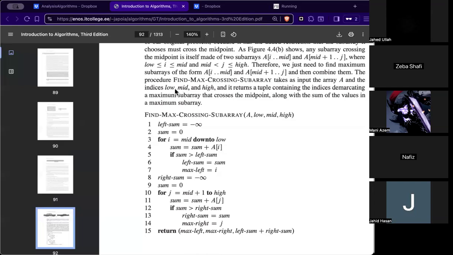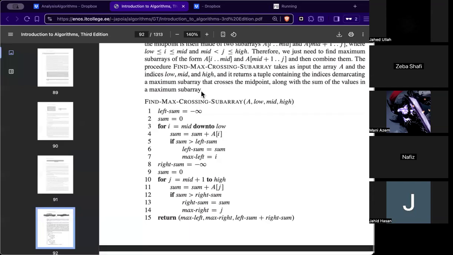All right. So now for that procedure, we're going to use this find max crossing subarray, and it takes as input the array A, indices low, mid, and high, and then it returns a tuple. Remember that a tuple is an exact set of items in which their order matters, right?